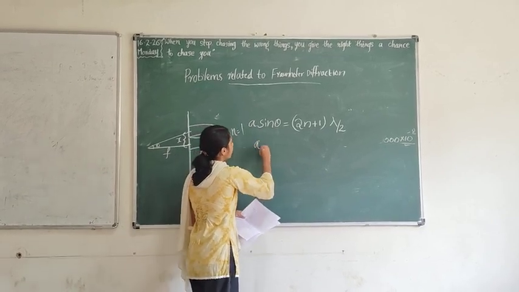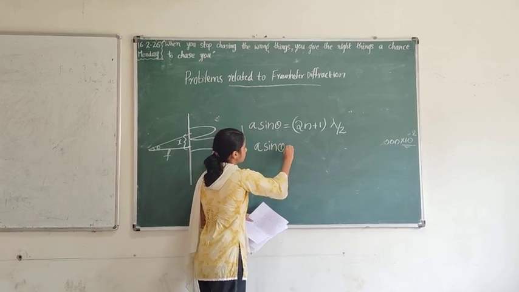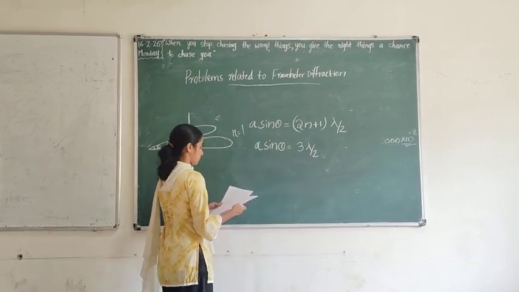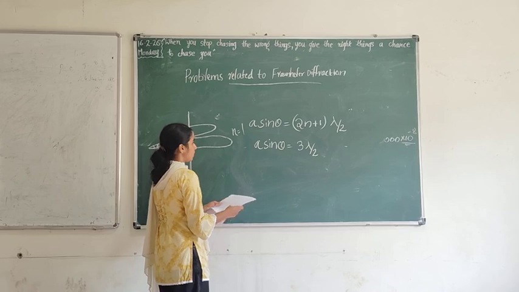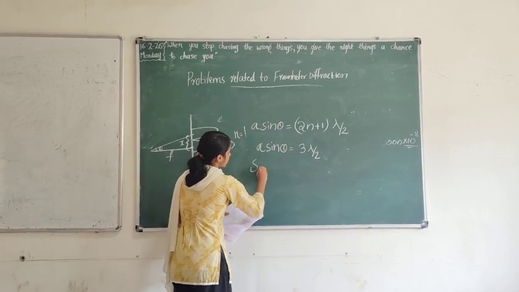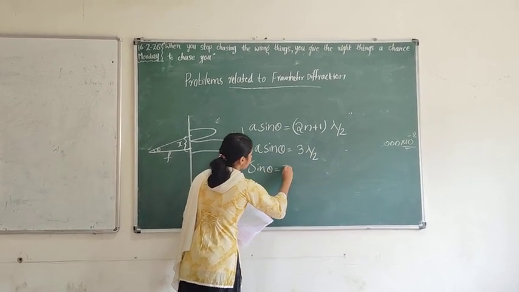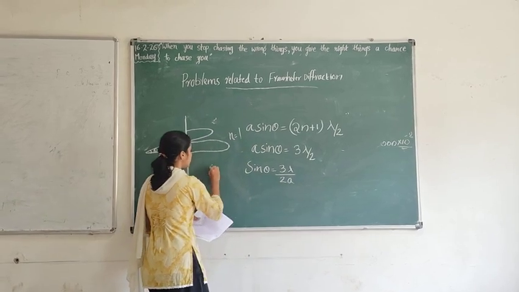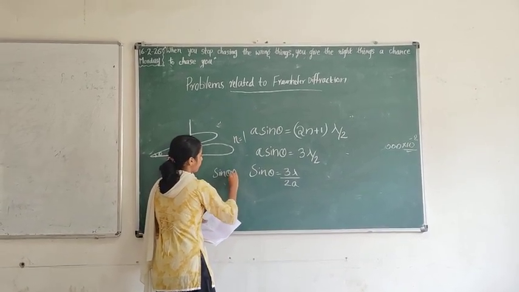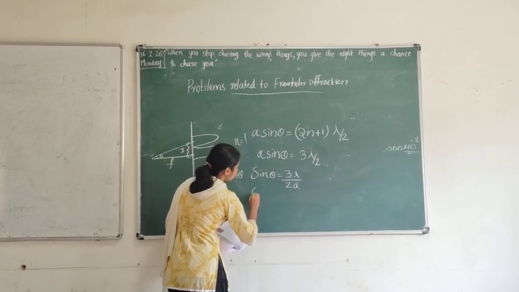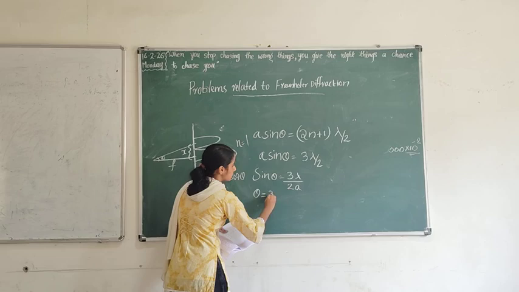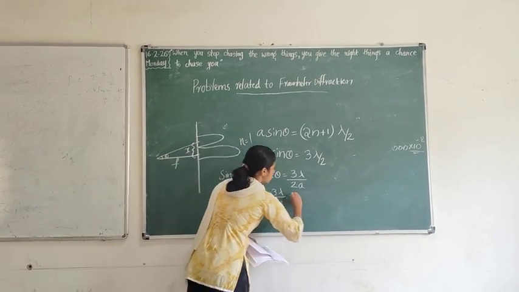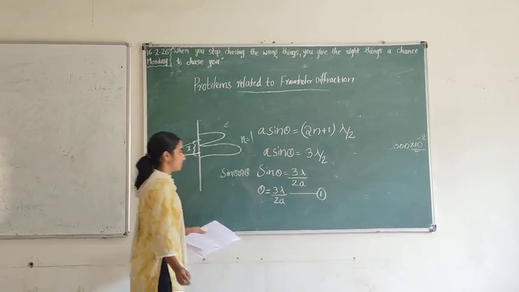Then a sin theta is equal to 3 lambda by 2, so sin theta is equal to 3 lambda by 2a. Assume sin theta is approximately equal to theta, then theta is equal to 3 lambda by 2a. Taken as equation number 1.